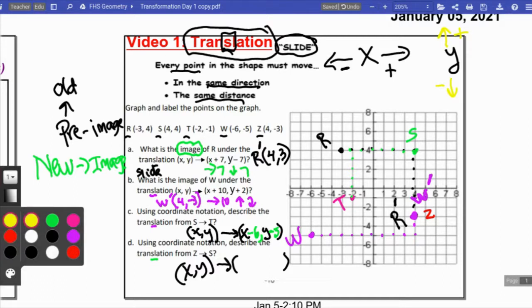All right, Z, I need to get to S. For Z, I didn't go left, I didn't go right. So the X will stay the same. Some people will write X plus 0, because it didn't go anywhere, but it's just X. But it did go up. It went up 1, 2, 3, 4, 5, 6, 7. So it went up 7. So Y plus 7. That's it.